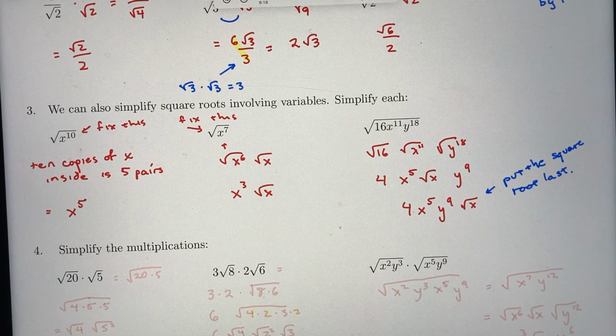The reason for that is that things creep under square root signs if you put things after the square root sign that aren't supposed to be under a square root.